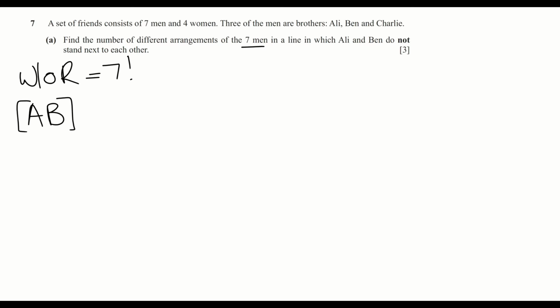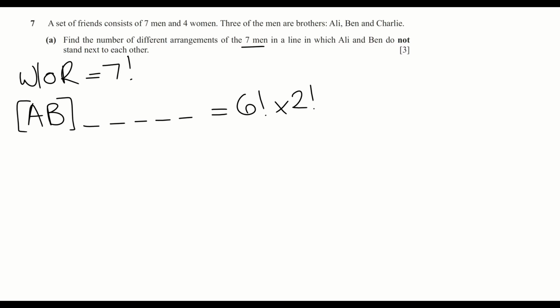We have 2 men out of a total of 7. So we have another 5 over here. We count the bracket as 1. So now we have 6. So I can say 6 factorial. We have Ali and Ben inside the bracket. So we multiply by 2 factorial.